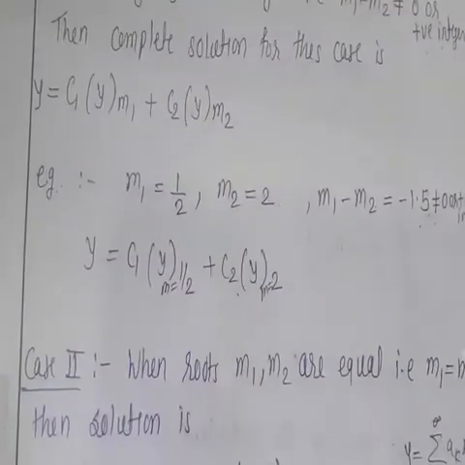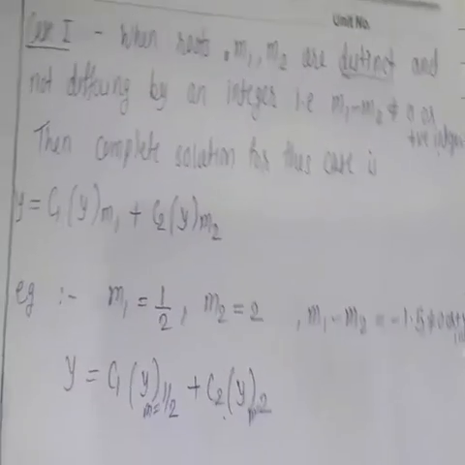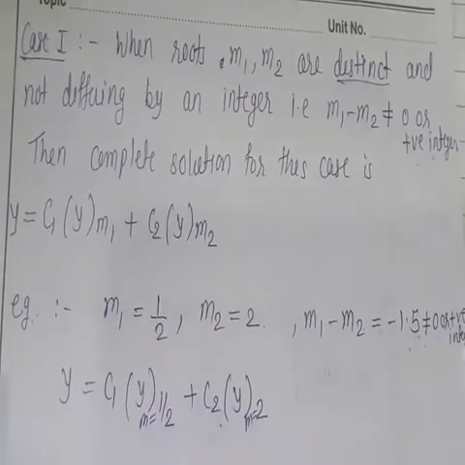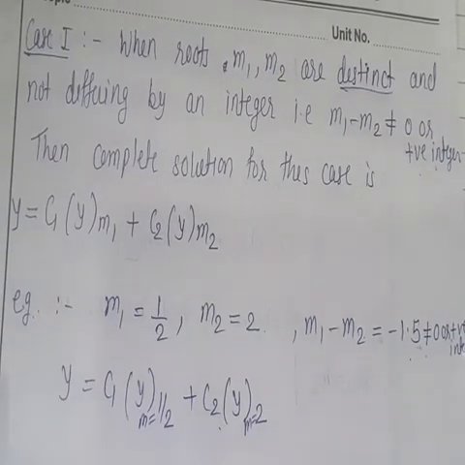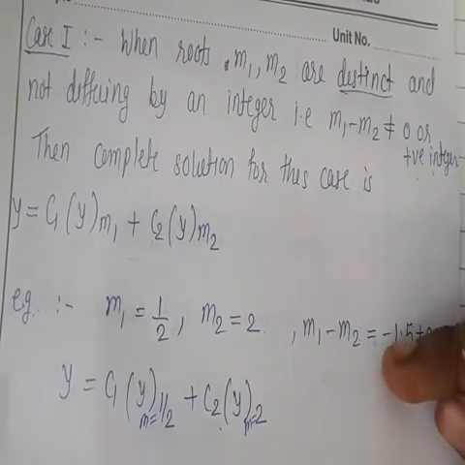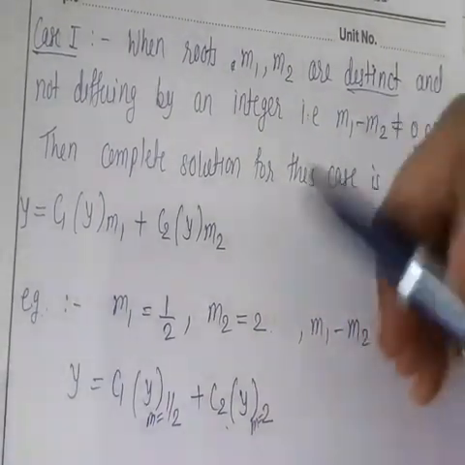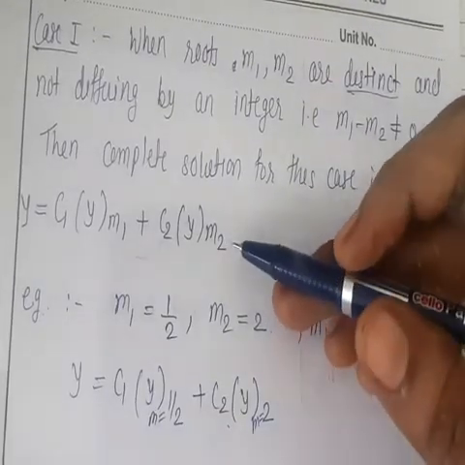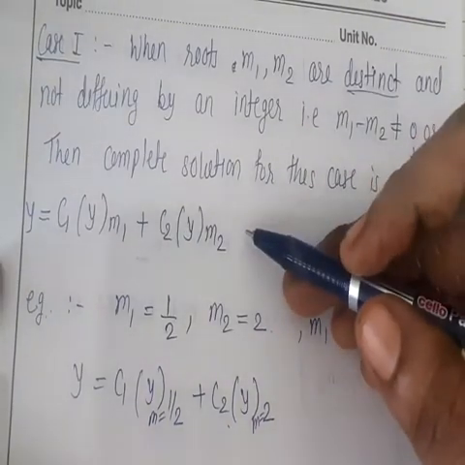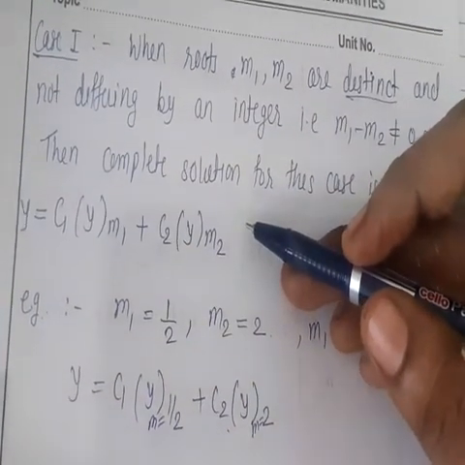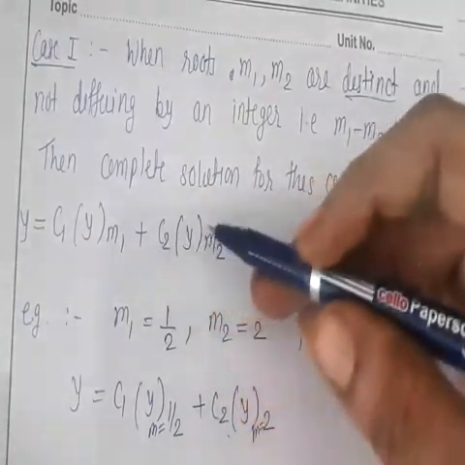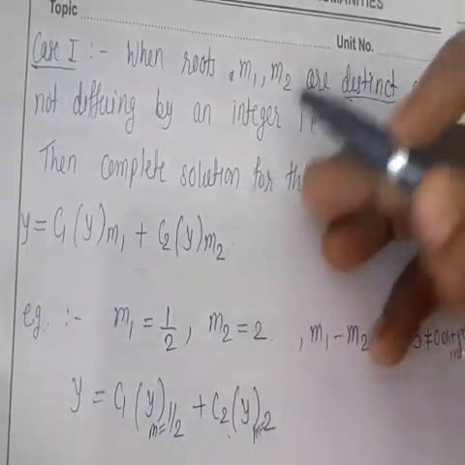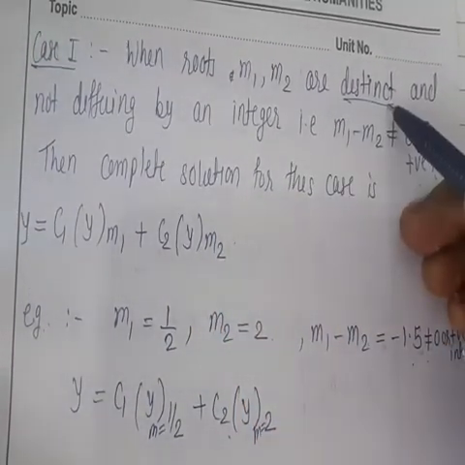The first case is if the roots are distinct and not differing by an integer, then simply we write y is equal to c1 into y at m1 plus c2 into y at m2. The same is the case for case number 4. The solution writing method is the same for case number 4 also: y is equal to c1 into y at m1 plus c2 into y at m2, and m1 and m2 are distinct.